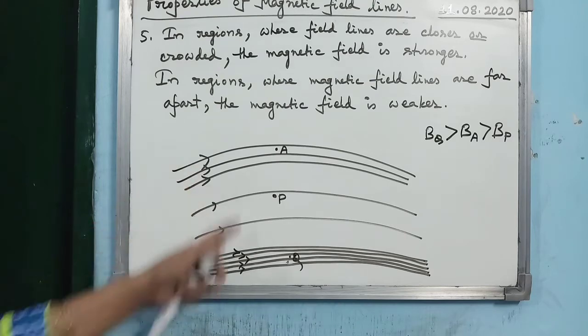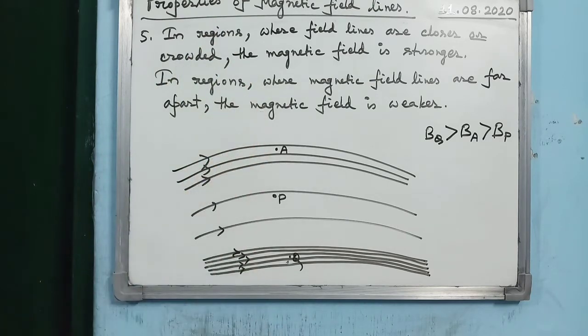So this is the meaning of this statement, that if the magnetic field lines are closer at any region, that region's magnetic field is stronger, whereas if they are far apart, then the magnetic field is weaker. Girls, you must draw the diagram, and as I have written BQ greater than BA greater than BP, that also you must note down in your copy for the illustration of this point.